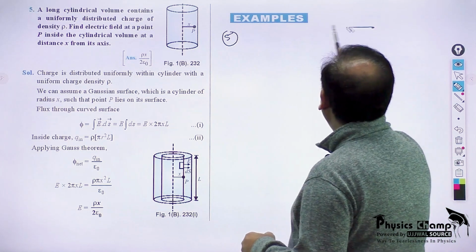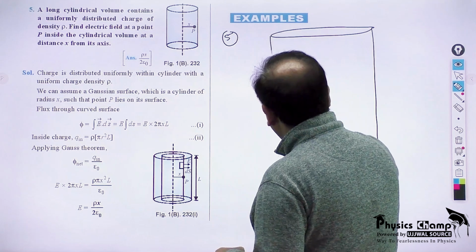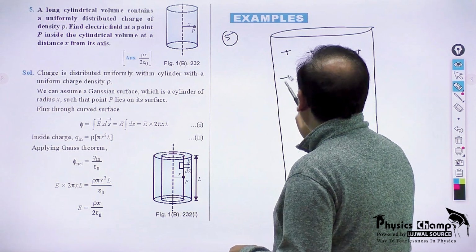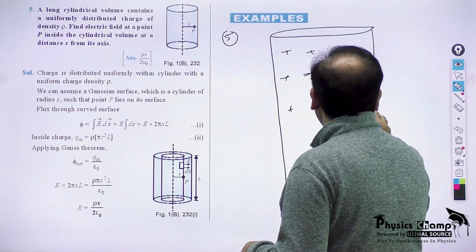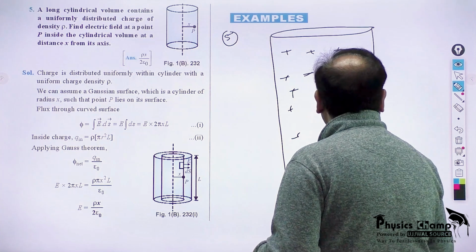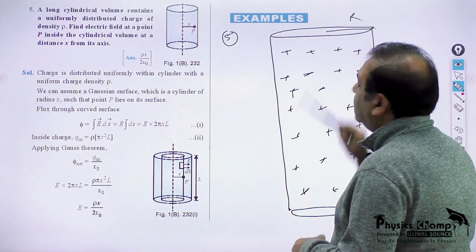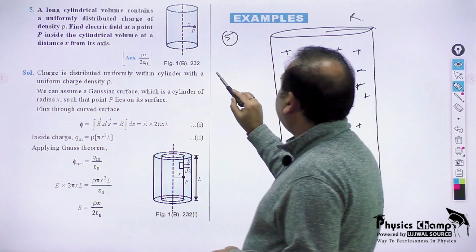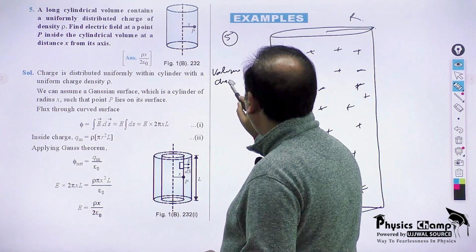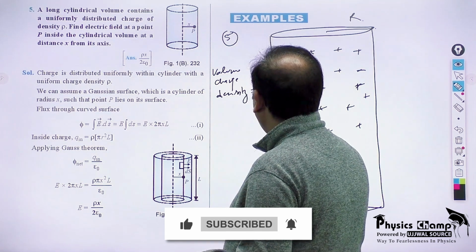So here you have a long cylindrical volume which has charge distributed in it, in the whole volume, and the volume charge density here is rho.